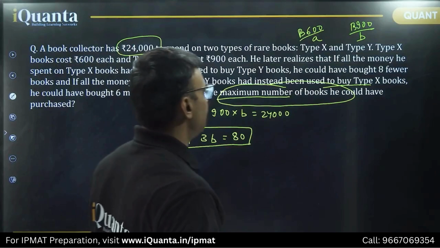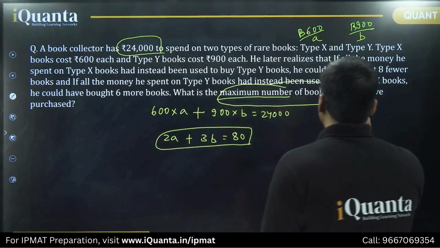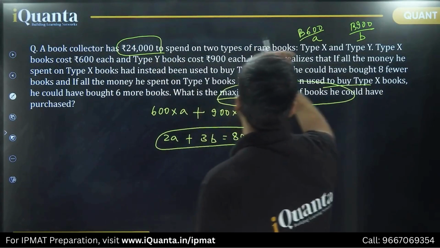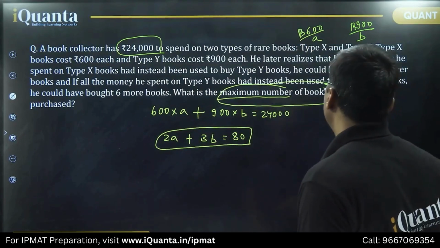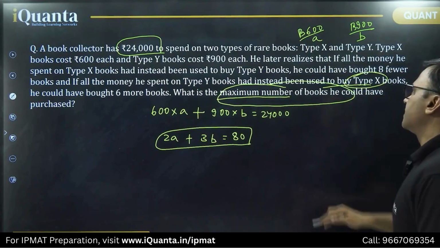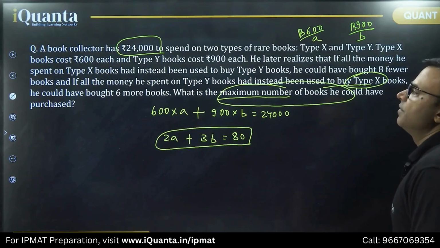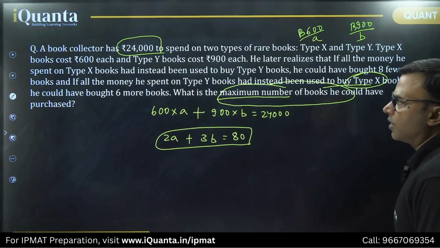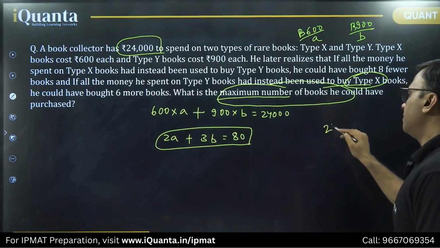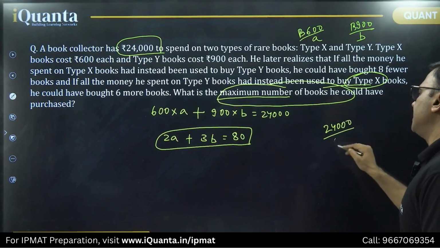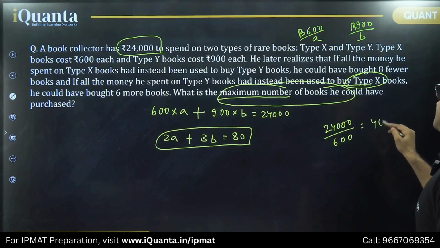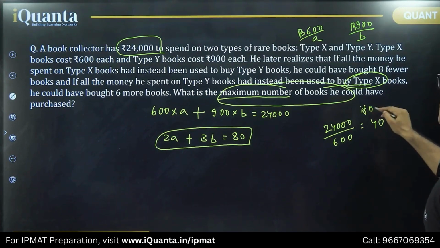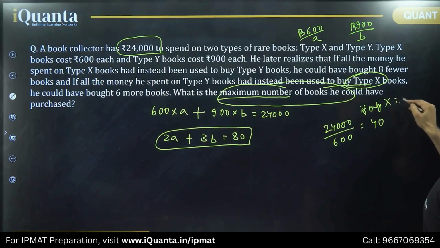Now look at the second piece of information. Why the second information? Because 24,000 is divisible by 600 but not by 900. So if only type X books are bought, then the number of books that can be bought is 24,000 by 600, and that is equal to 40.